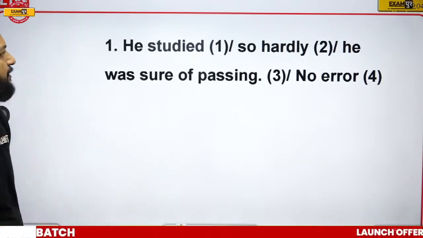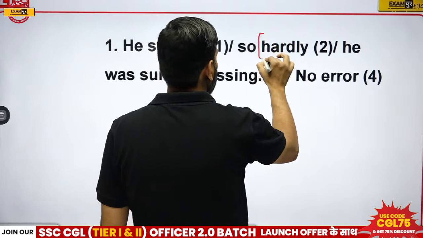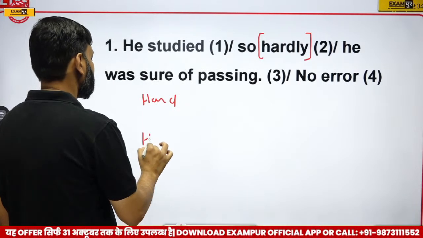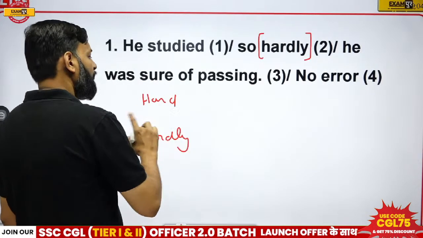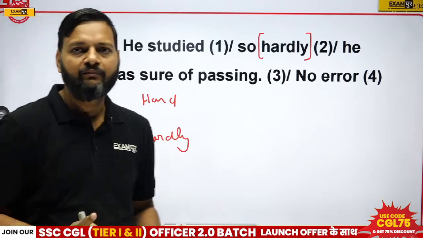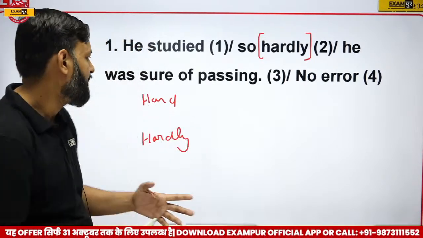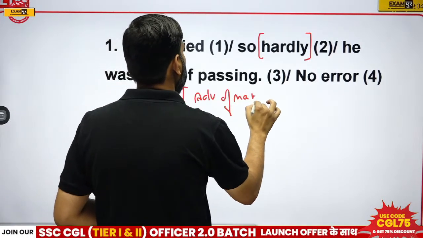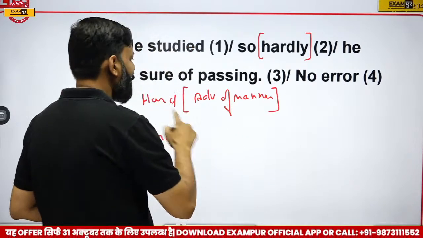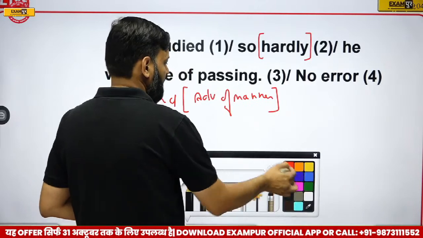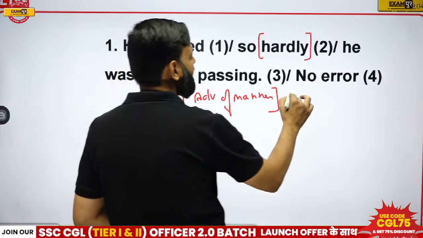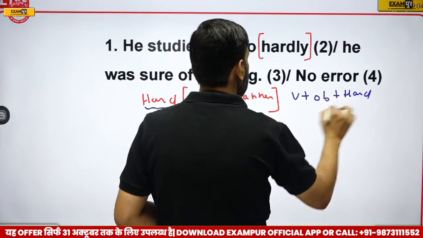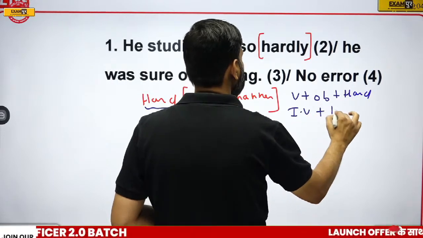See, in this sentence, here we have a word hardly. I have already told you the difference between hard and hardly. Both hard and hardly are adverbs, but both are different types of adverbs, right? Hard is adverb of manner, and this word hard should be placed after verb plus object, or in case of intransitive verb, it should be placed after verb.